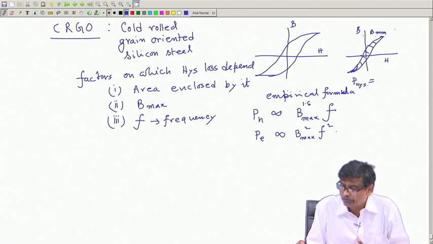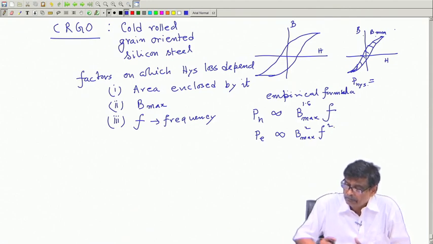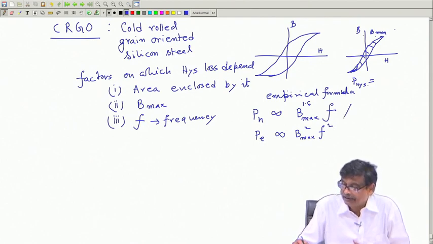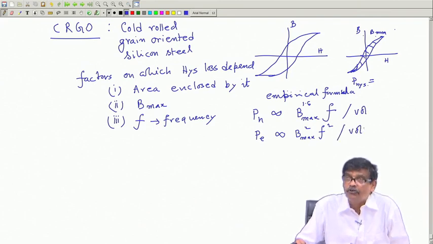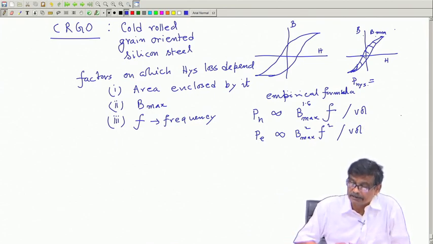It is also proportional to plate thickness square. But all these things, once you write frequency here, you then write per unit volume. Volume of what? Magnetic material, core, per unit volume of the core material.